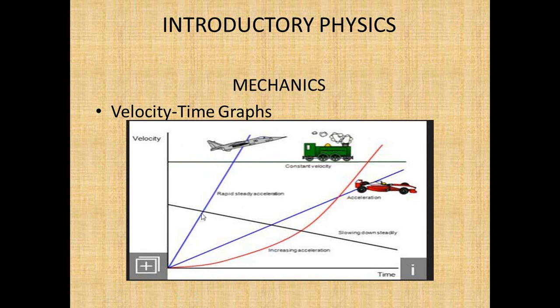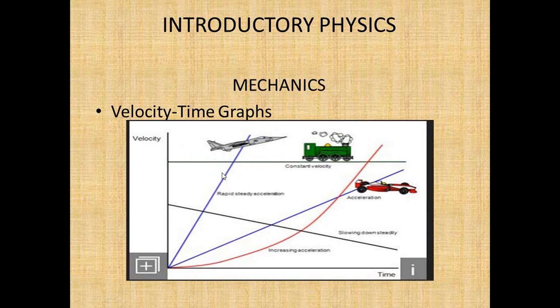When the plane takes off, it takes off very, very quickly, extremely quickly. So you can see that the slope of this velocity time graph is very steep, as opposed to this race car. The race car is not as fast as the airplane. When the race car takes off and it's speeding up, it is speeding up quite rapidly, but it's not as fast as the aircraft.